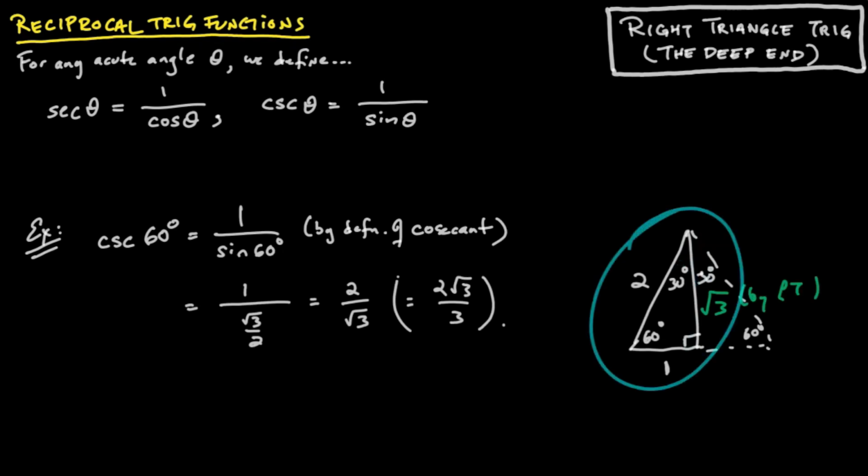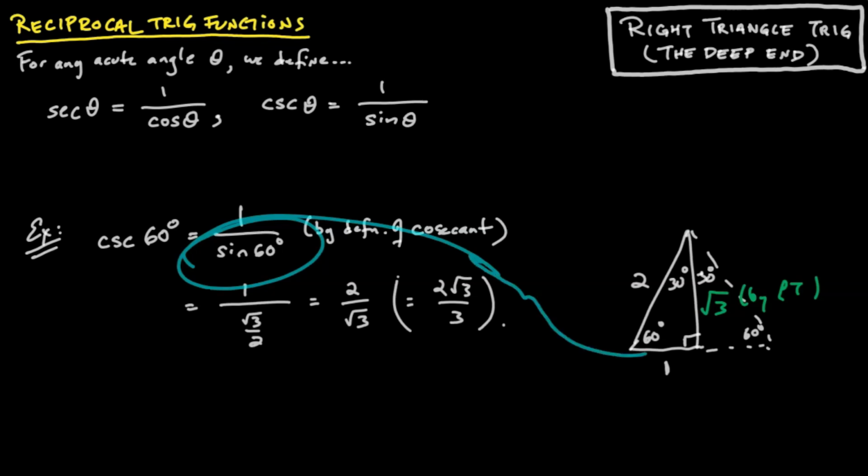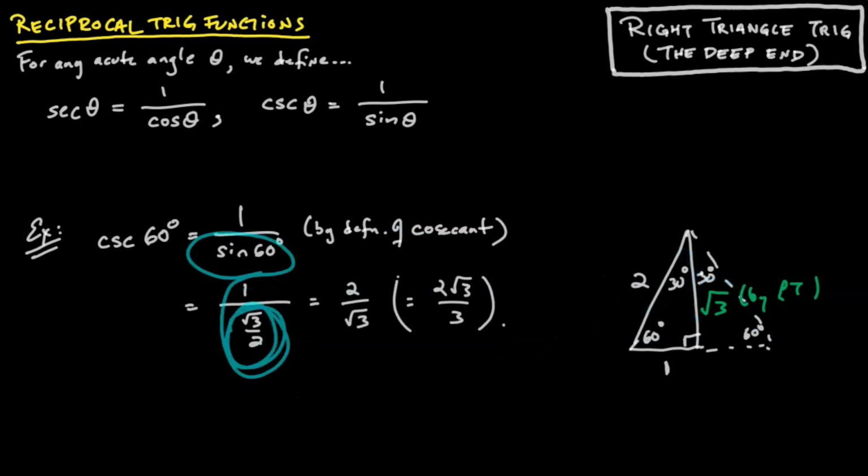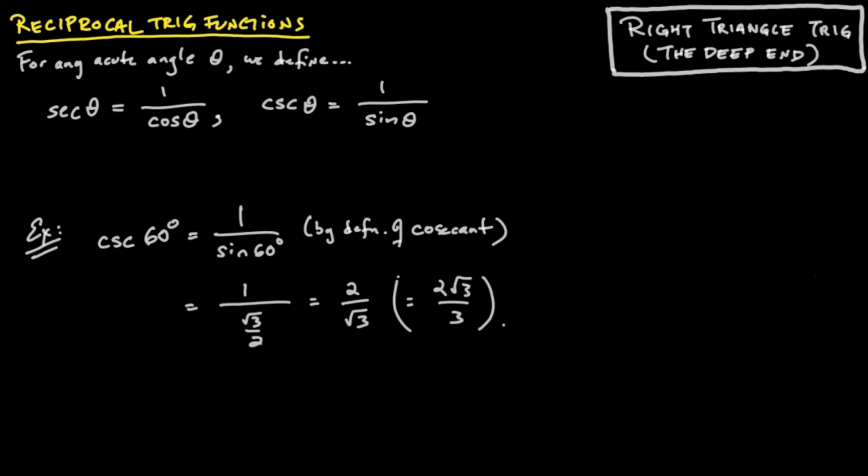And then from this picture, we can read off all the ratios, like sine of 60 degrees. There's 60 degrees. We call on SOH CAH TOA. So that's sine of 60 is opposite over hypotenuse, root 3 over 2, and there it is. So be sure you know where this kind of thing comes from, but also know it off the top of your head. Okay, you get the point.